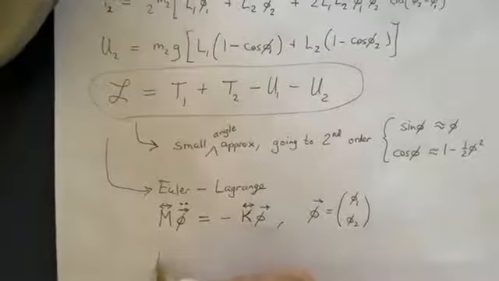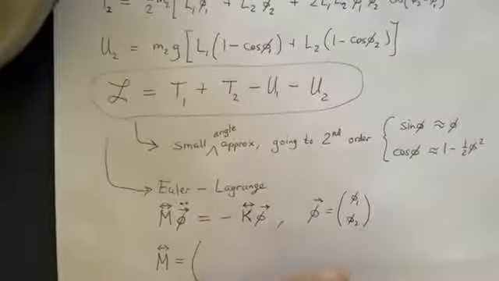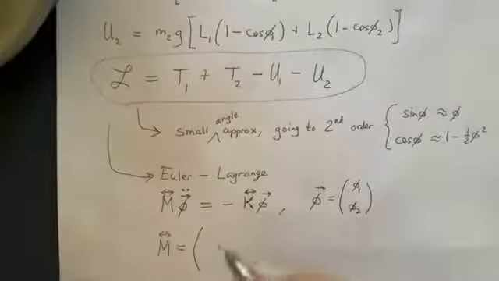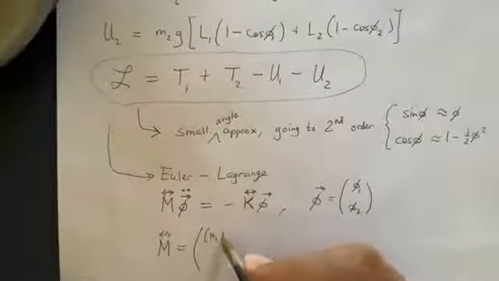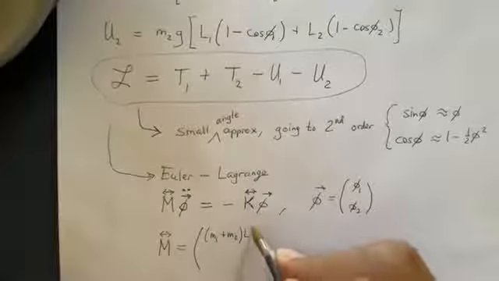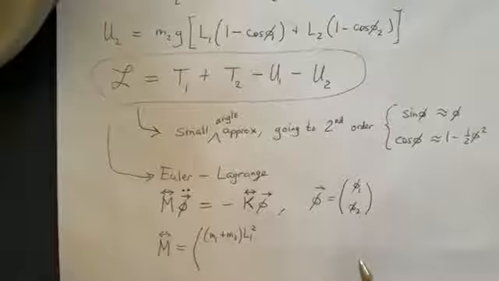Here's our mass matrix. Obviously, we do have some terms on the diagonal. So that's the term in the upper left. I'm going to write this as a large matrix to make it clear. It is a 2 by 2 matrix.